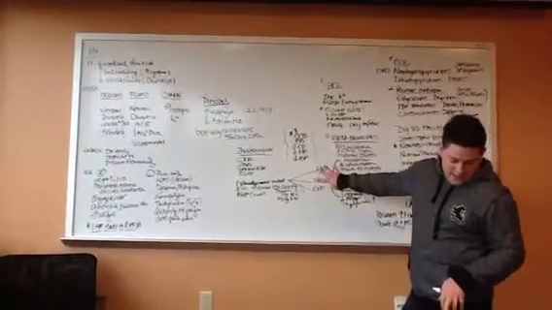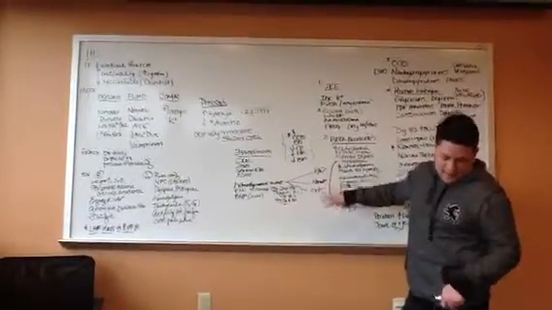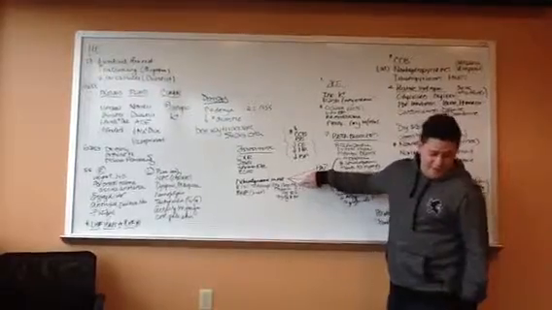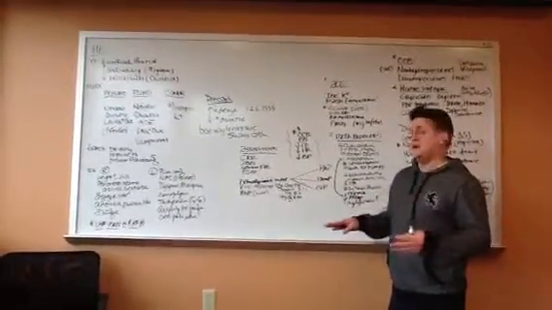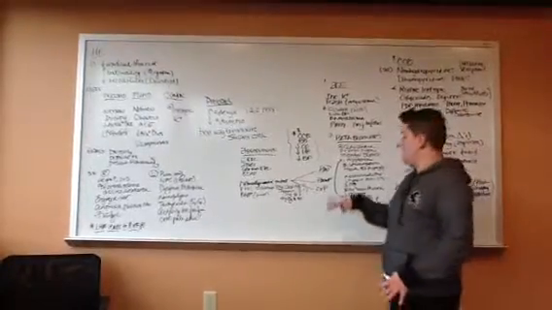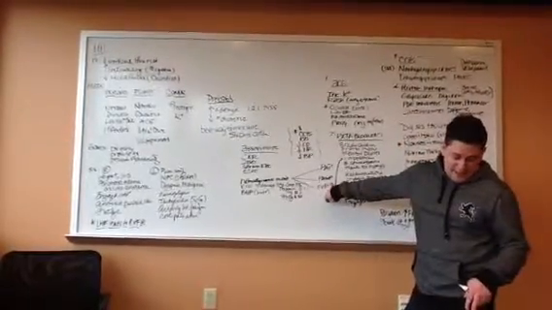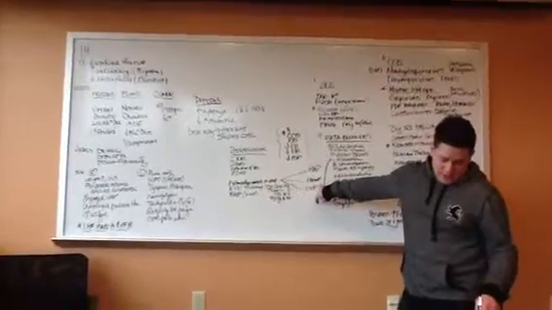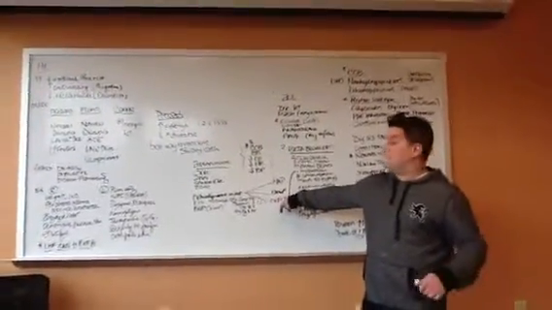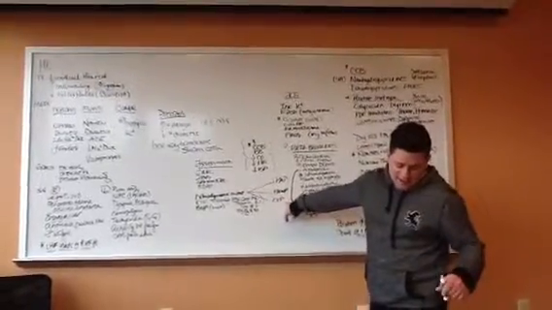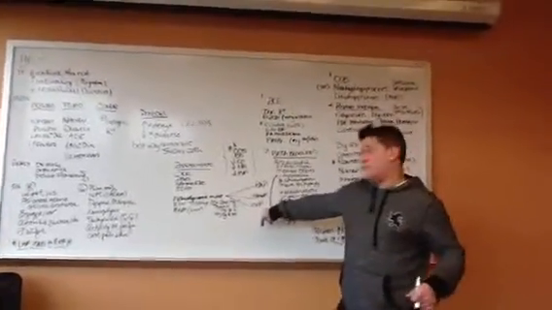Your PAP measurements are 15 to 25 millimeters of mercury, or 8 to 15. I'm assuming that's a male to female ratio. He really didn't specify in the PowerPoint. Then you have your PAWPs and CVPs. Your PAWPs are 4 to 12, and your CVPs are 0 to 8 millimeters of mercury.